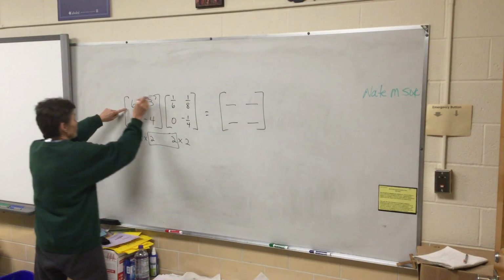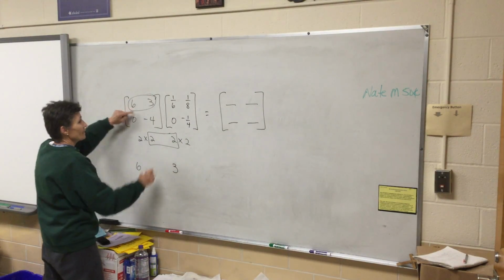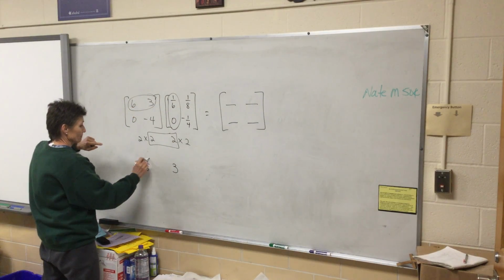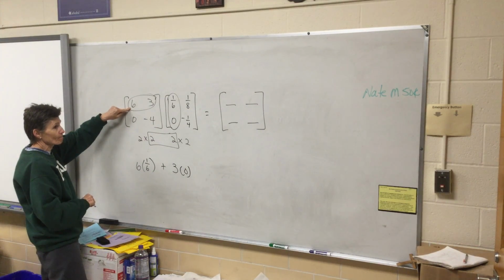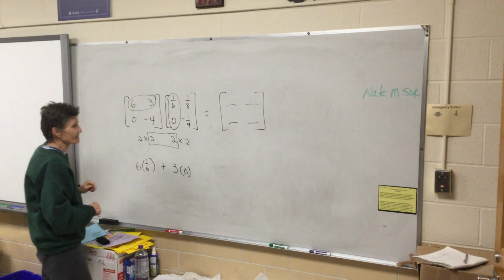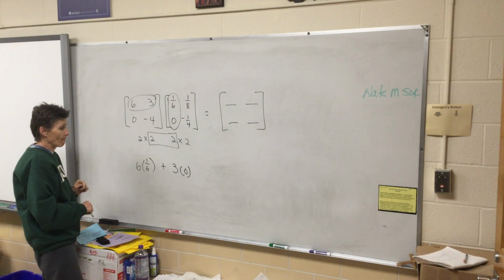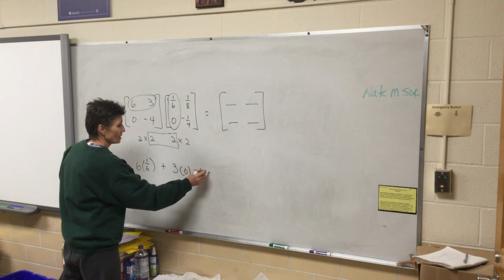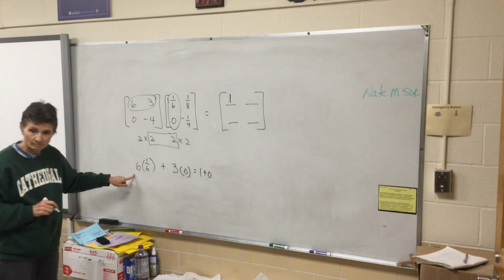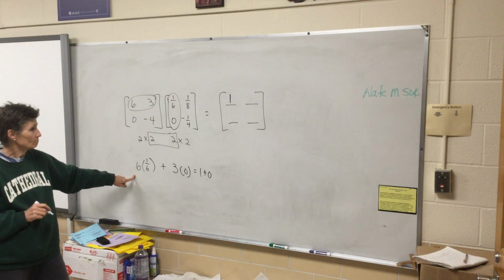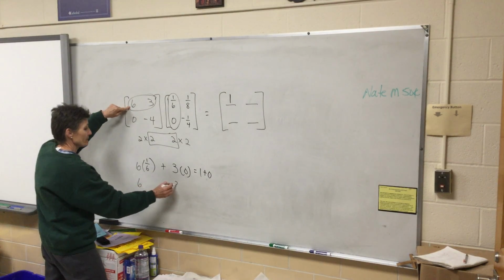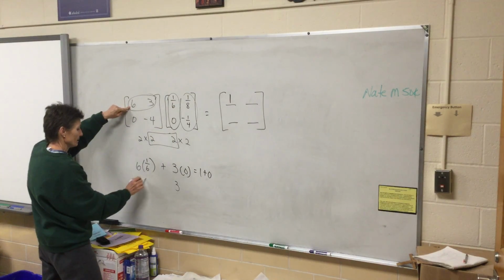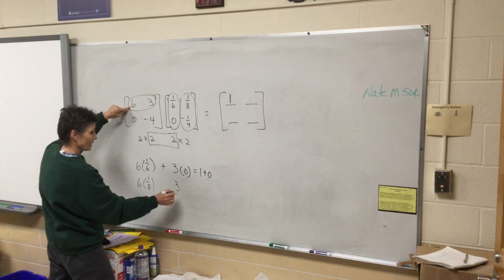Well, let's take our first row times our first column. So first row, 6, 3. First column, 1/6, 0. Isn't that just 1? All right, now let's take our first row, our 6, 3, times our second column, 1/8, negative 1/4.